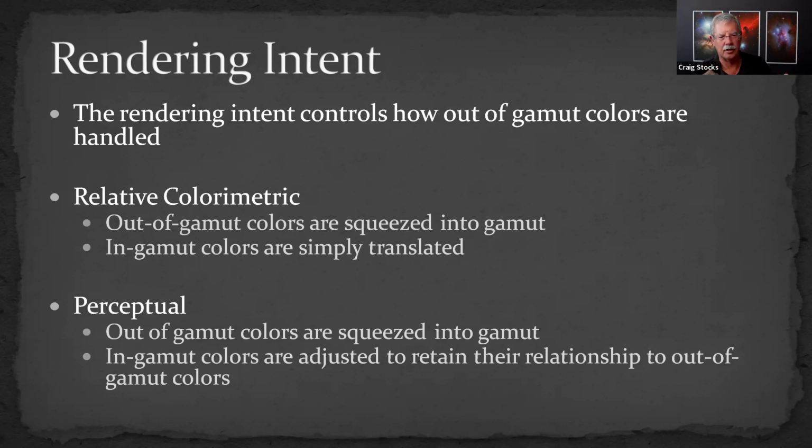So it can create some flat areas and some color clipping. Perceptual, on the other hand, tries to keep the color relationship the same, but it will change some of the in-gamut colors so that it squeezes everything into gamut, but it does so that everything may move a little bit.